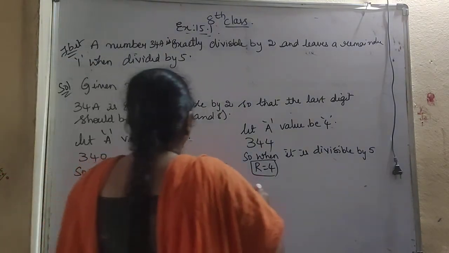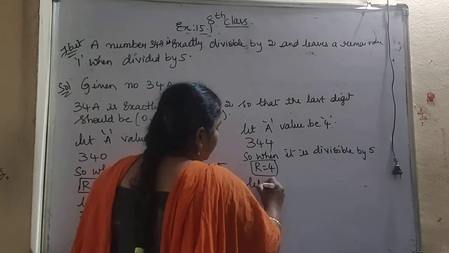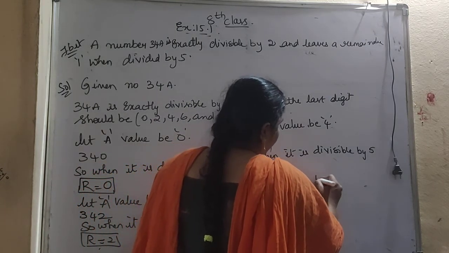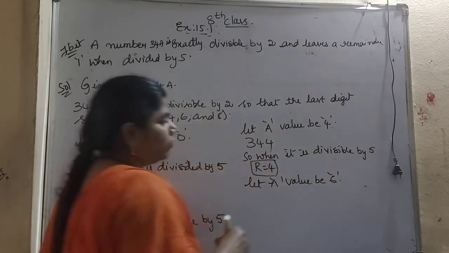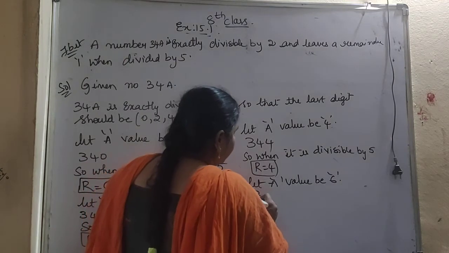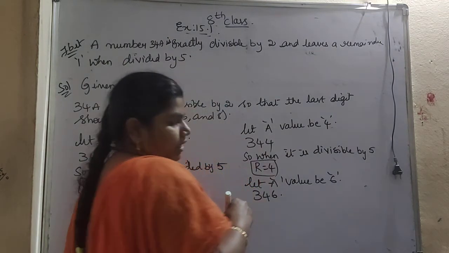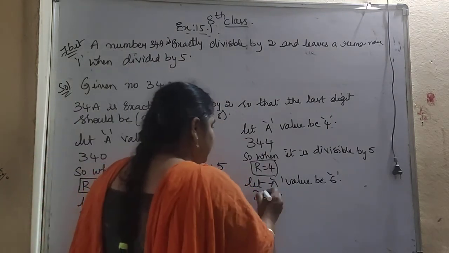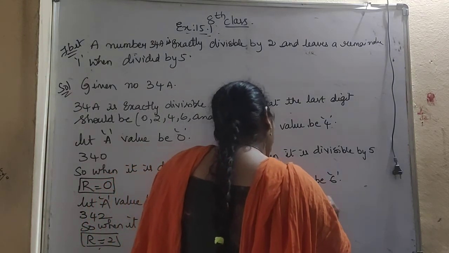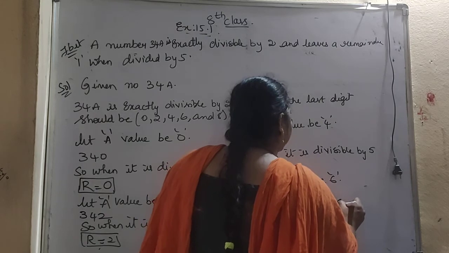Now I am taking a value as 6. Let a value be 6. So what is the number? It will be 346. When it is divided by 5, here you will get the remainder as 1.